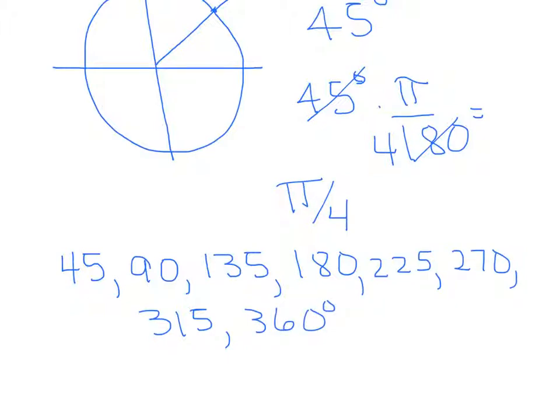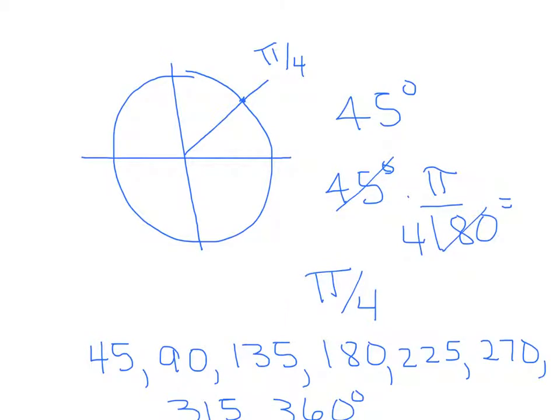So basically I have 1, 2, 3, 4, 5, 6, 7, 8 partitions of the unit circle that will allow me to work my way around this circle.